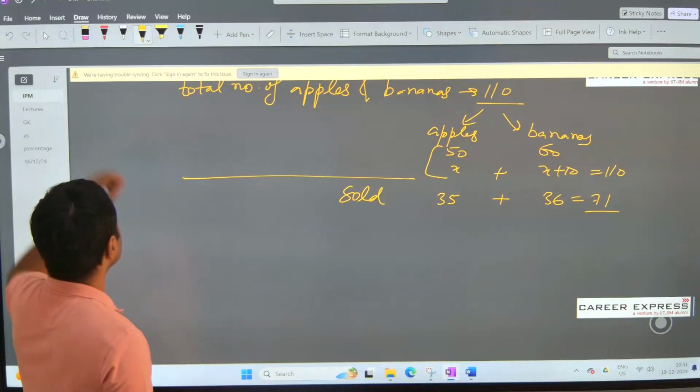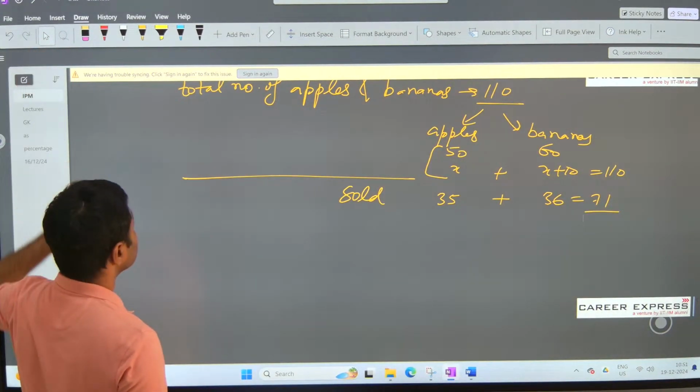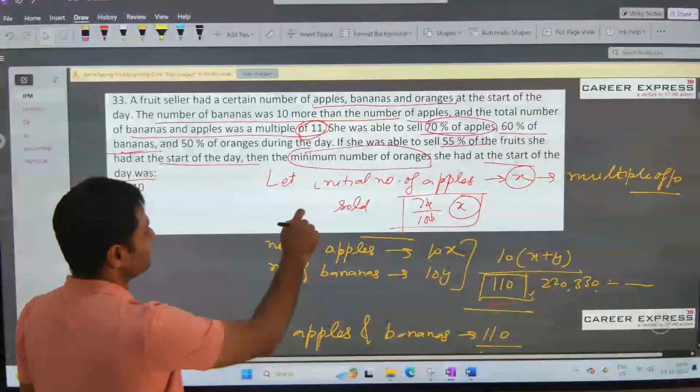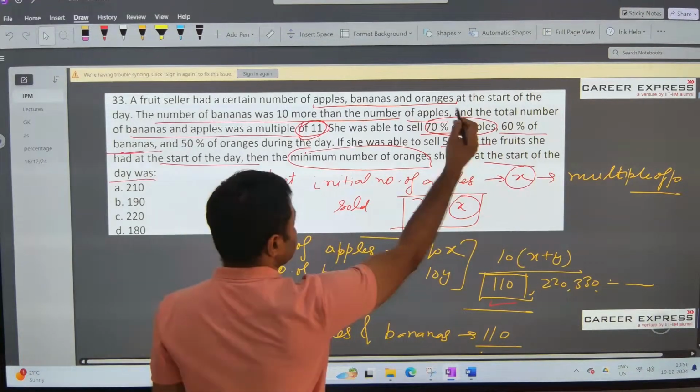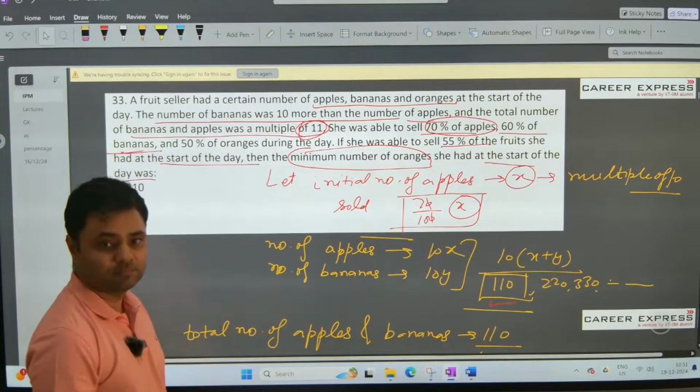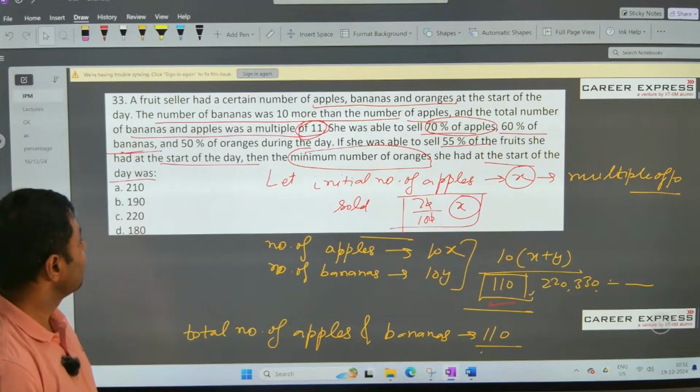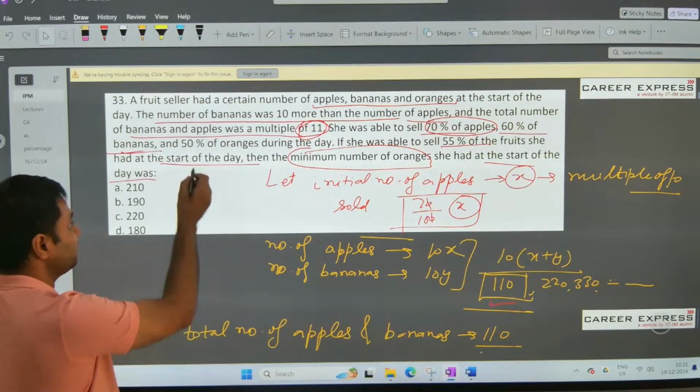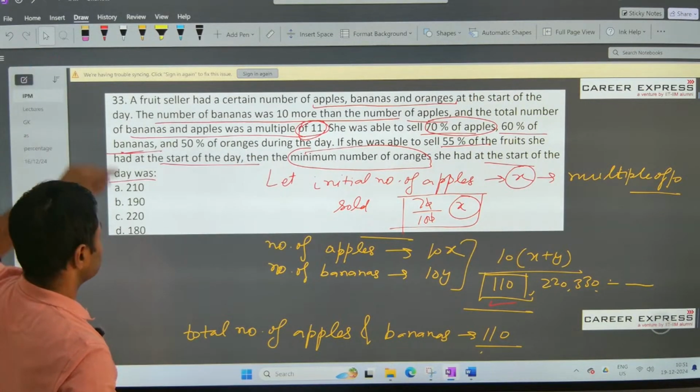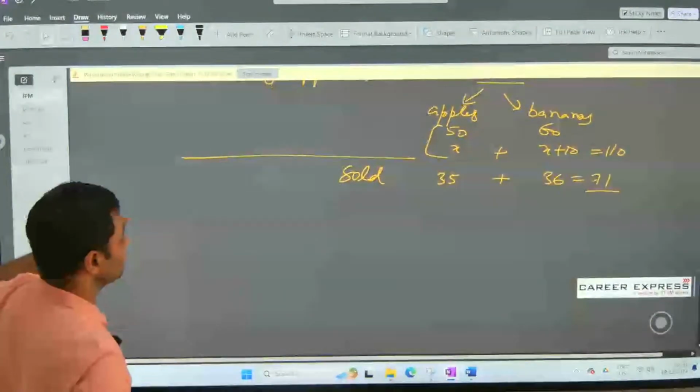Fine. Now the question is, what is the minimum number of oranges so that she is able to sell 55% of all the fruits? And she sold 50% of oranges. So I will assume the number of oranges.